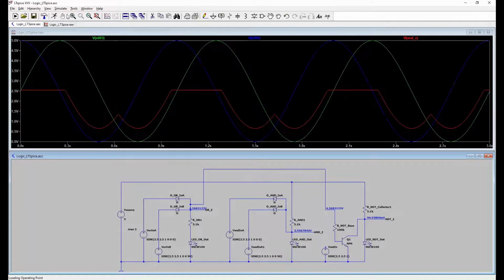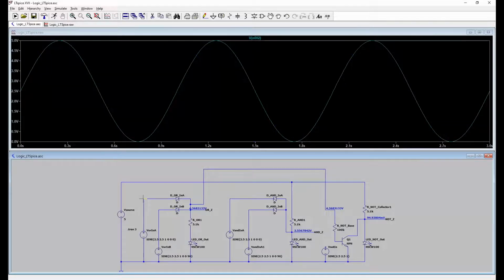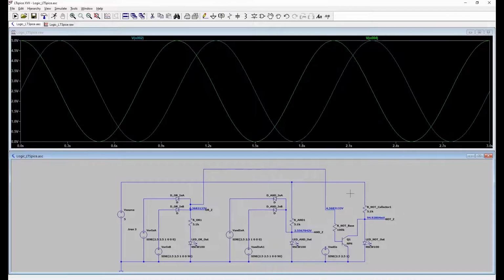Simulate, and we look at the input and click a second time. Input A, input B, and not Z, which effectively is the output of a NAND gate. Sorry, a NOR gate. So it should be the opposite of OR.